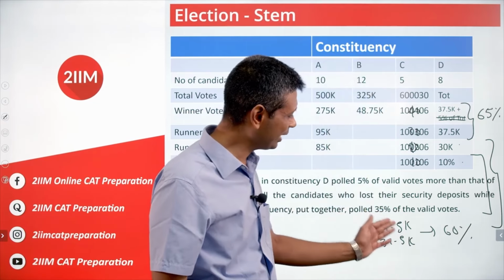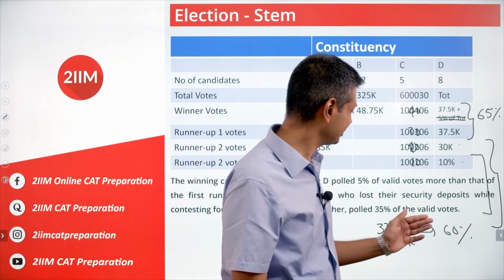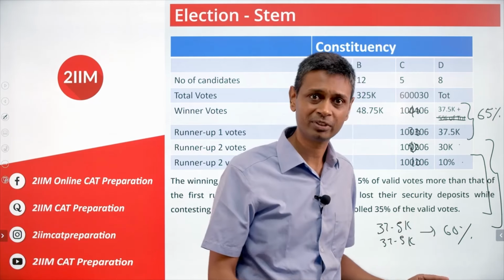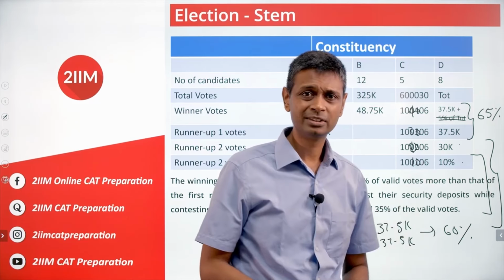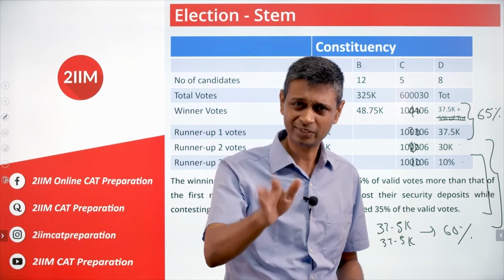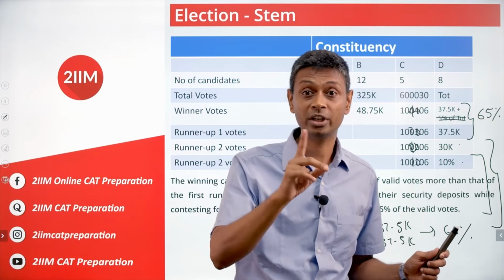Or 37,500 is 30%. Or 30,000 will be 24%, 25%, somewhere there. That cannot have lost a security deposit.